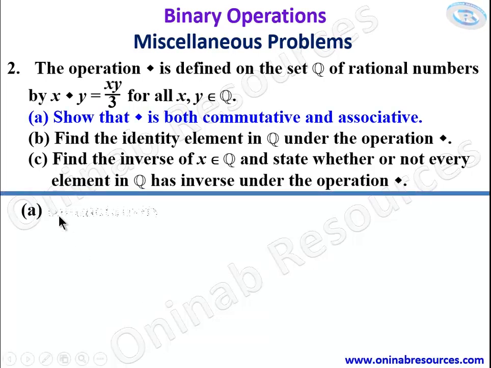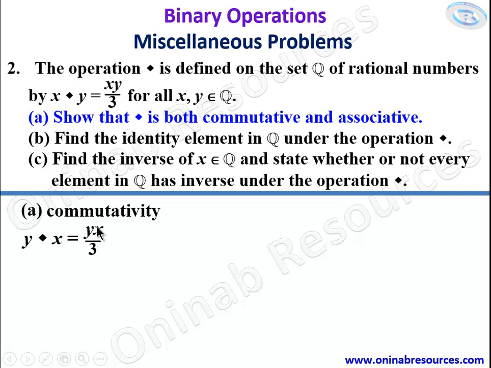So now we show commutativity. For commutativity, what we need to show is x operation y equal to y operation x. Since we have already gotten x operation y, we'll now look for y operation x. By this definition, the first element is y and the second element is x, so it is going to be interchanged here.